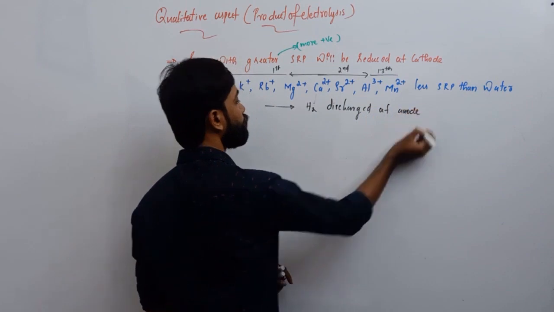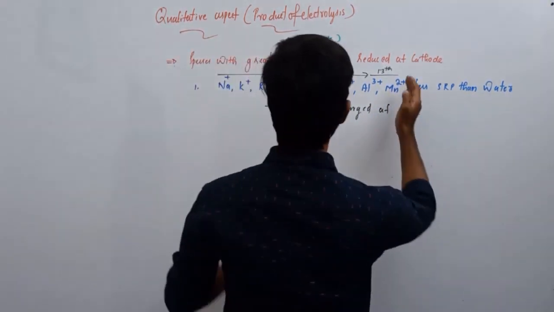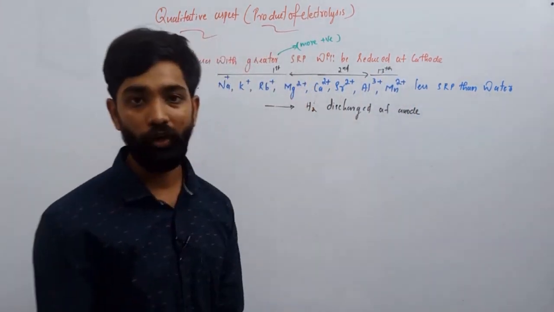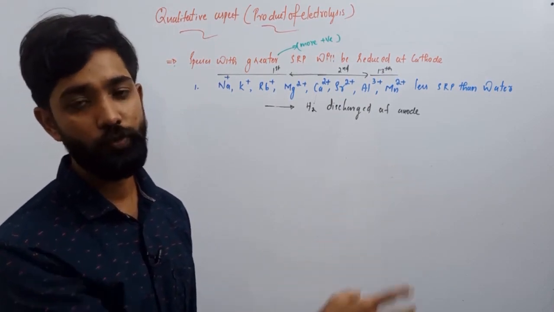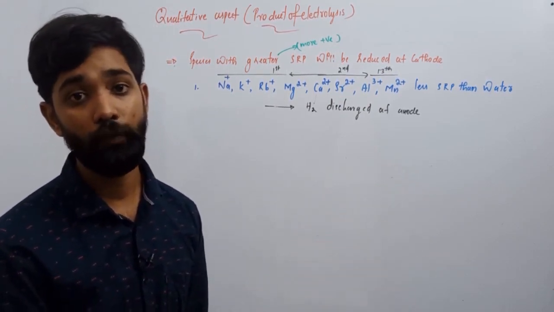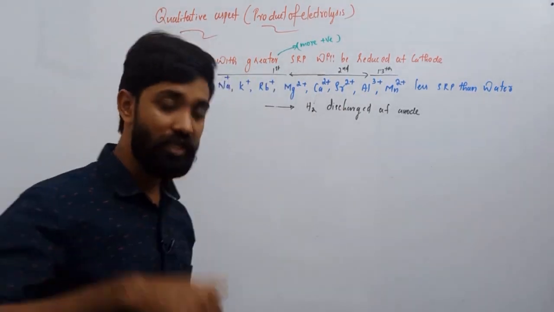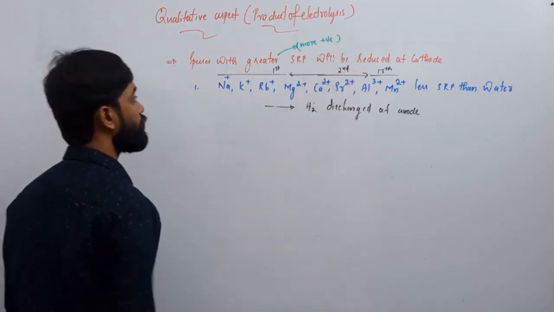Is it okay for you? What is the necessary reason? These all have a lower standard reduction potential, meaning a more negative standard reduction potential than water. We all know that the standard reduction potential of water is -0.83. So all these species have a value less than -0.83. That's why your water is discharged.